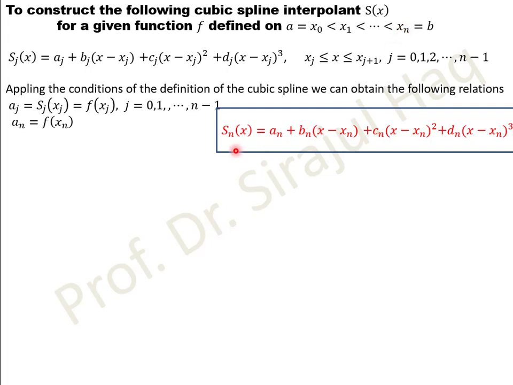Since Sn minus 1 is completely known, I can find the value of Cn using Sn minus 1 because of the condition of continuity. But further I can't go, because when I take the next order derivative, I need Dn, which is not computable. That's the reason I am using this spline for a particular purpose. This is not computable completely. We can find An, Bn and Cn, but we can't find Dn.